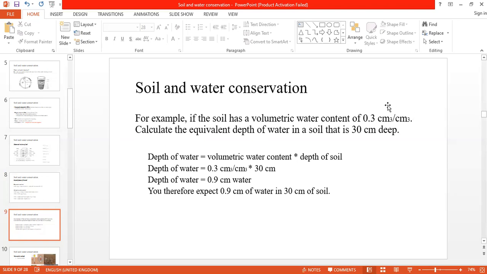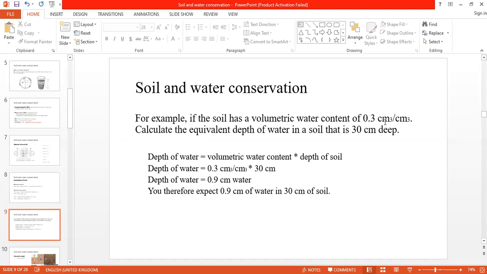What this means is that for every centimeter of soil, you have 0.3 centimeters of water.